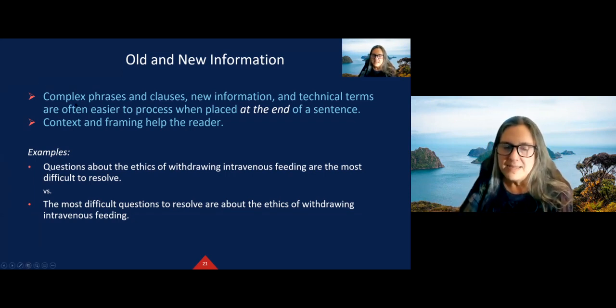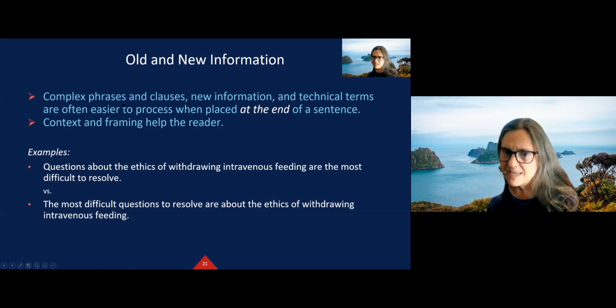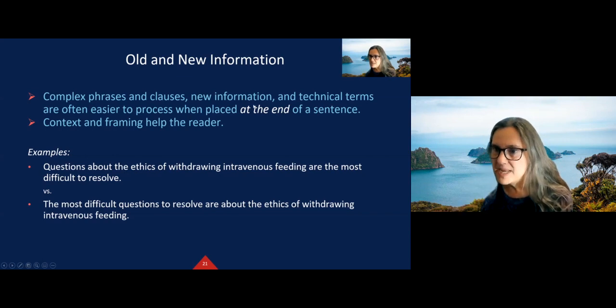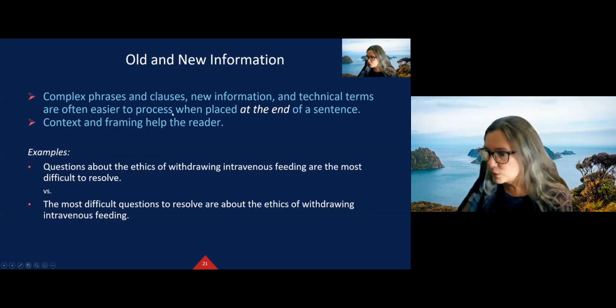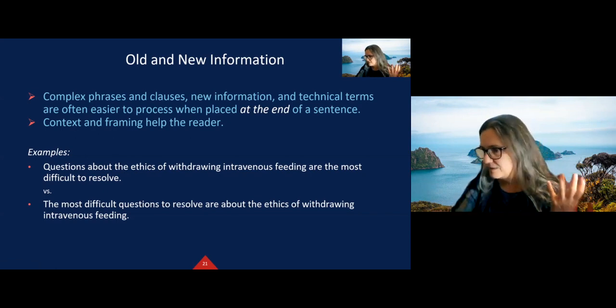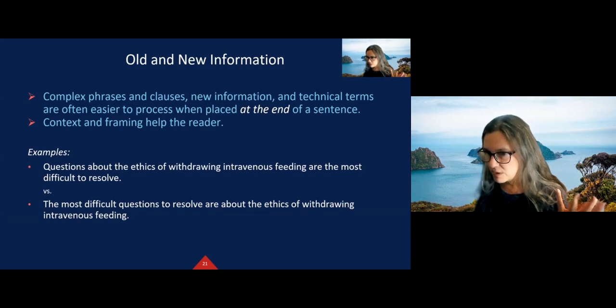So anything complex, complicated phrases and clauses, new information, and technical terms are often easier for your readers to process when they're placed at the end of a sentence, because we tend to remember best the most recent thing we heard or read or saw.